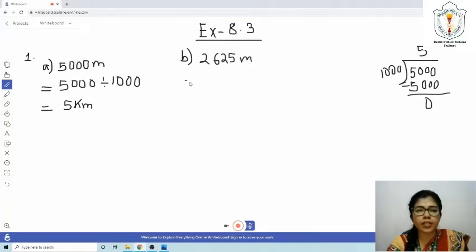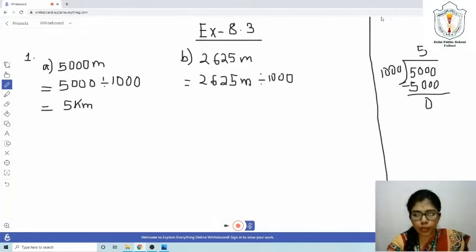2625 meter. Now let us see how to do that. I simply told you, you will divide it by 1,000. So 2625 meter divided by 1,000. How much do we get? Here you see children, I am doing a rough column. You will also do it by the side of your copy. Let us divide and see. 1,000 2s are 2,000.